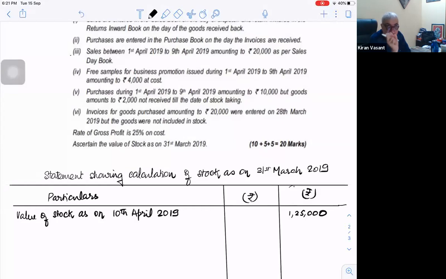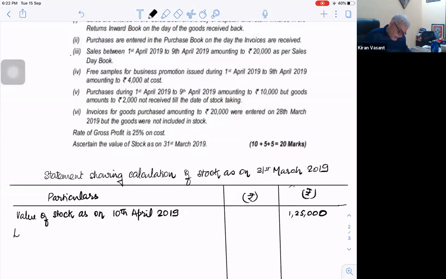I'll repeat, if the sale had not been made, the stock would have increased.